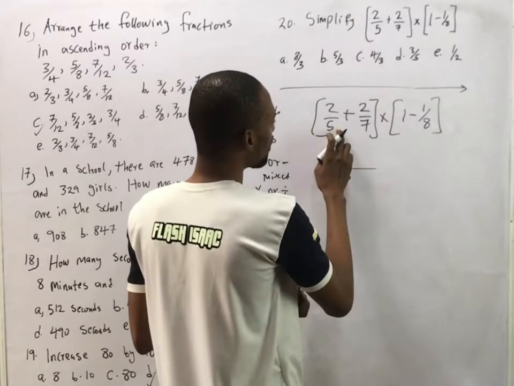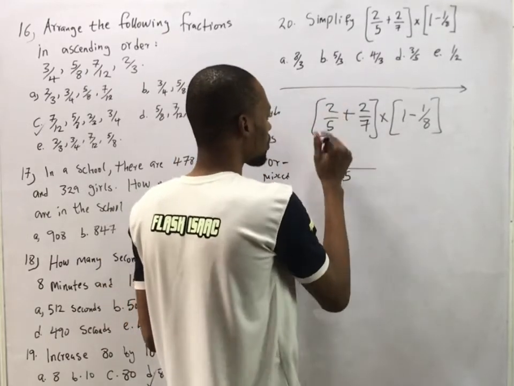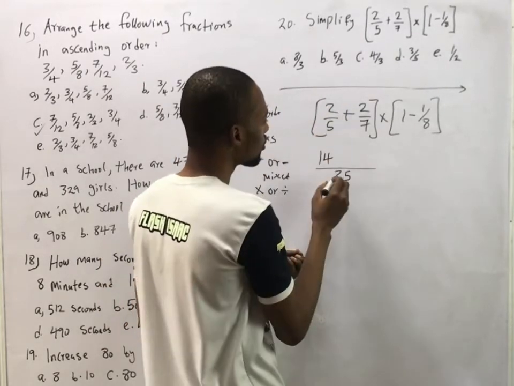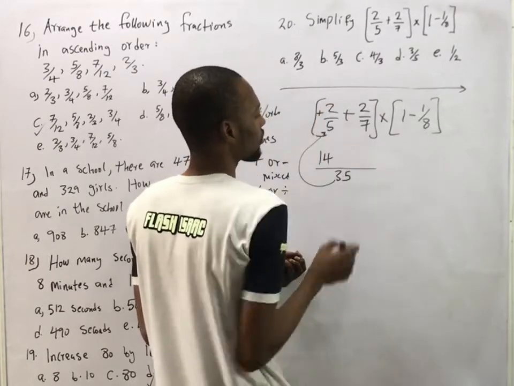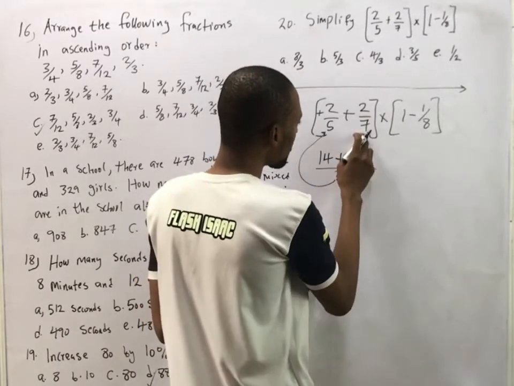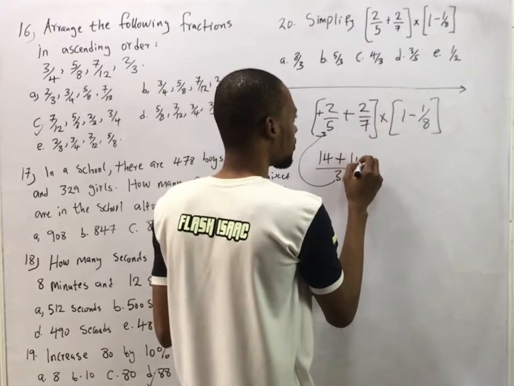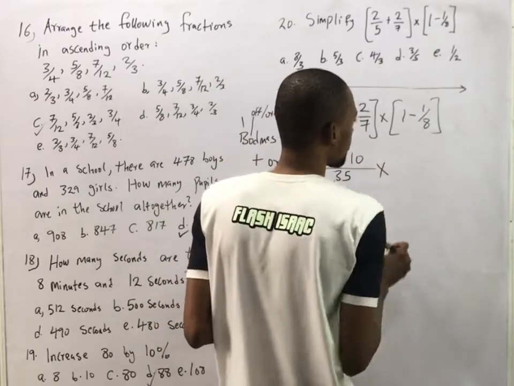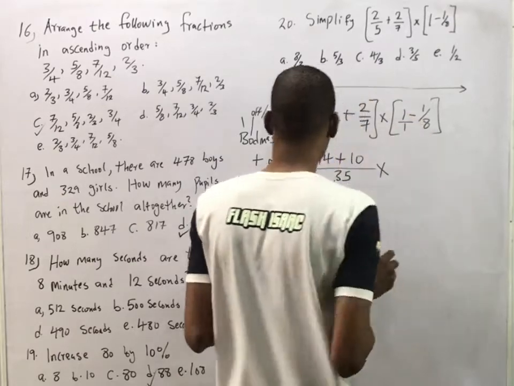35 divided by 5 is 7. 7 times 2 is 14. Plus 35 divided by 7 is 5. 5 times 2 is 10. Now look here, this one standing alone is the same thing as over 1.